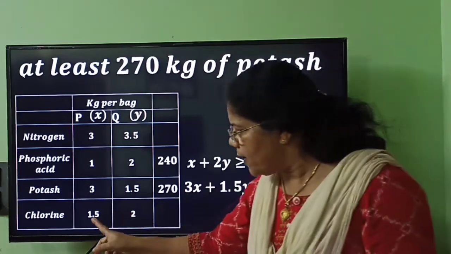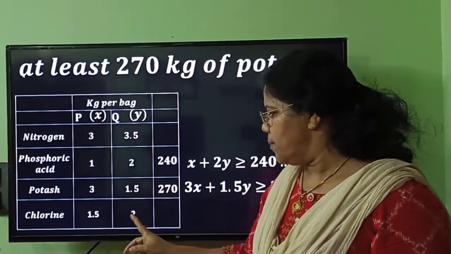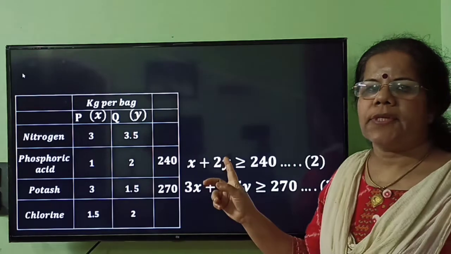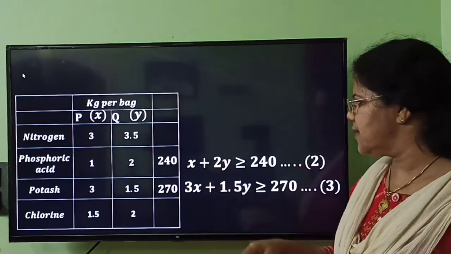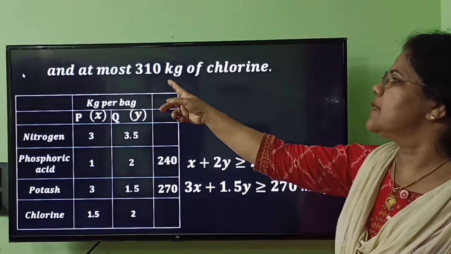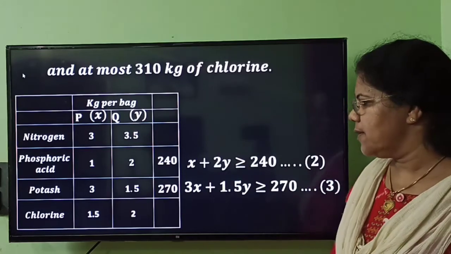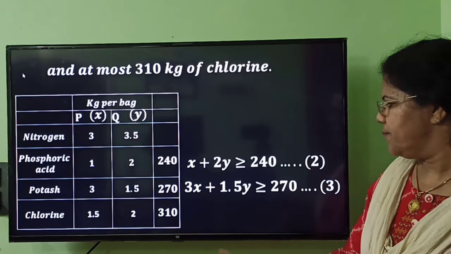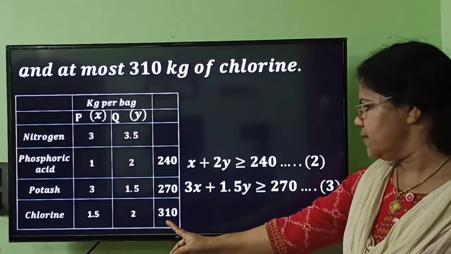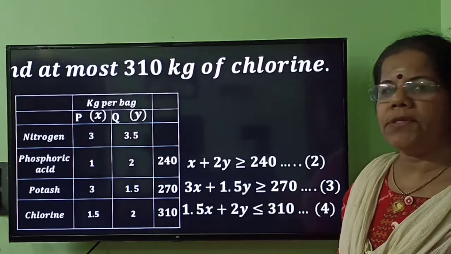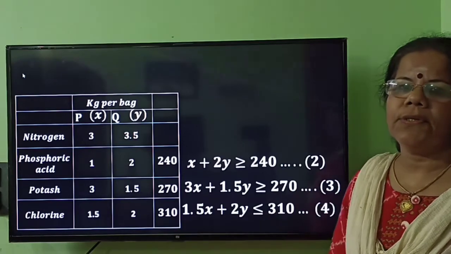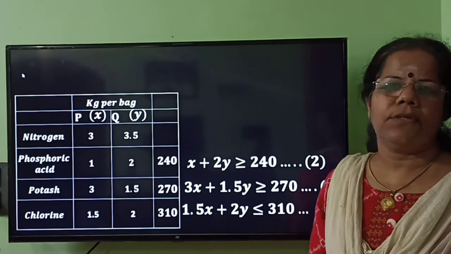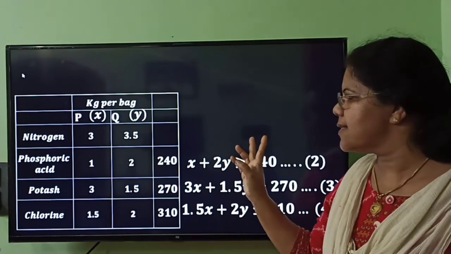So what will we frame? 1.5x plus 2y less than or equal to 310, because at most is given in the question: at the most 310 kilogram of chlorine. So we got all the constraints, and again two non-negative constraints are there.